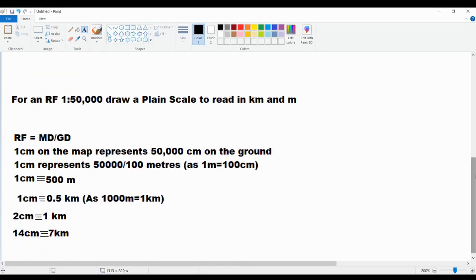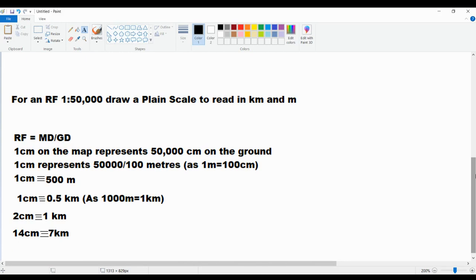The question is, for an RF 1 is to 50,000, draw a plane scale to read in kilometers and meters. So the formula for the RF is map distance upon ground distance. Based on this, we can say that 1 centimeter on the map represents 50,000 centimeters on the ground.